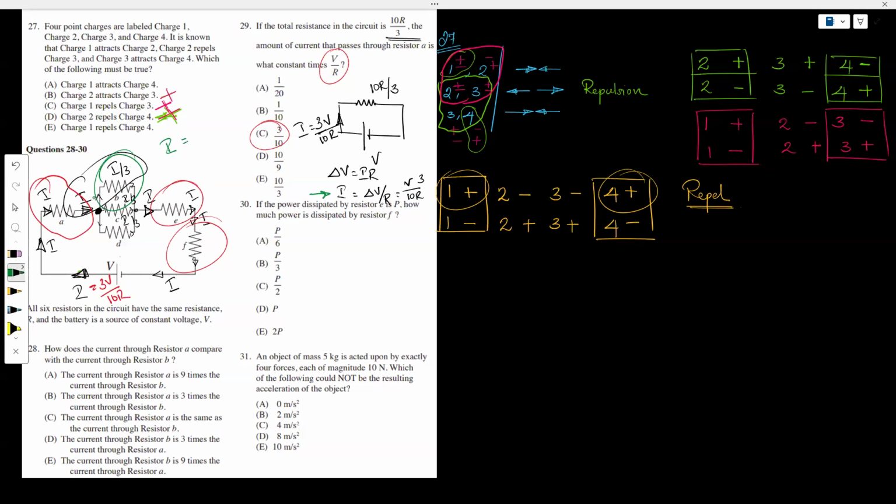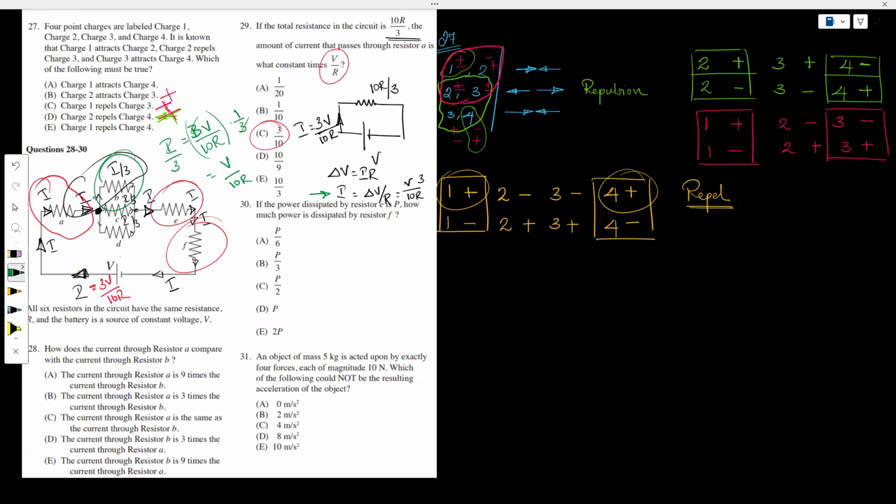So I is 3V by 10R. So I/3 is dividing this entire thing by 3, or 1/3. So that is V by 10R. So the current that goes through not only B, but C and D, is V by 10R. Okay.